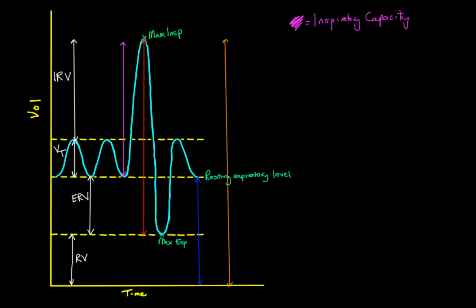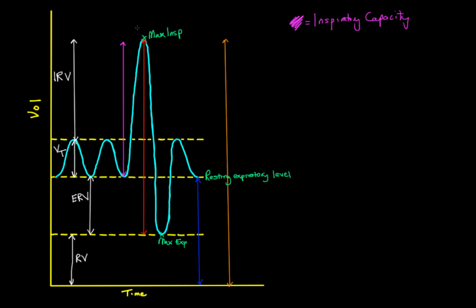Now, what's this red one? So this next one is probably the most important one to remember, because we use this the most in terms of evaluating people's lung disease. This one is called the vital capacity, and it's simply a measure of the greatest breath out that a patient can take after taking in the greatest breath in that they can take.